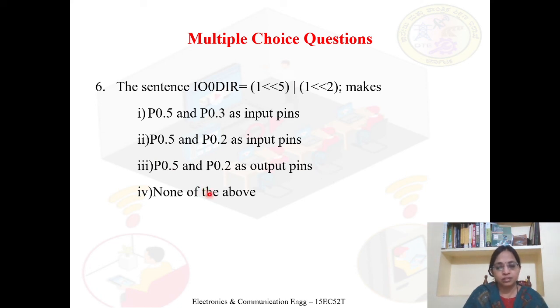Which is the correct answer? The correct answer is the third one. So the fifth pin and the second pin will act as what? Output pin, if we write this value into the DIR register of port 0.